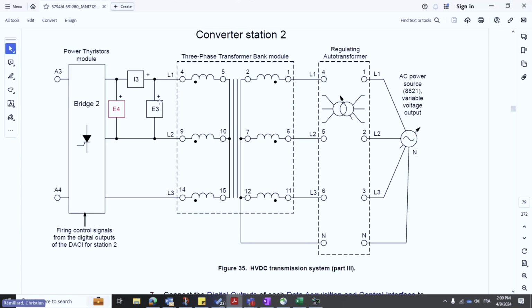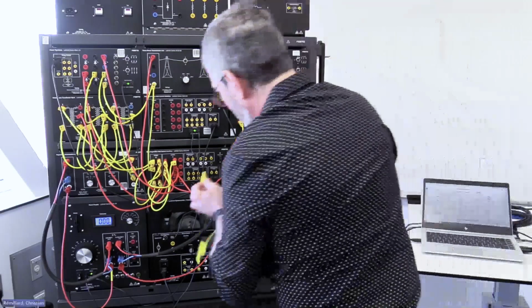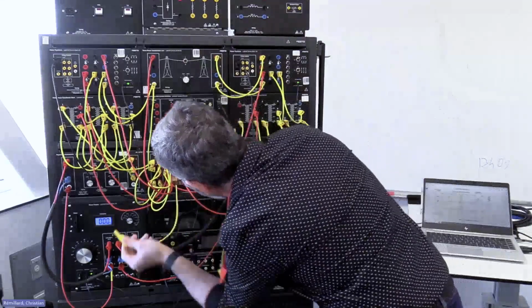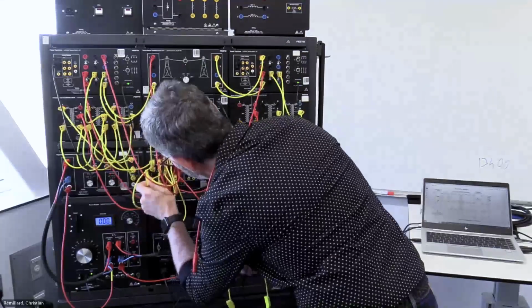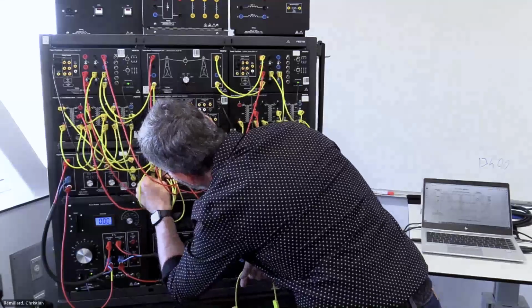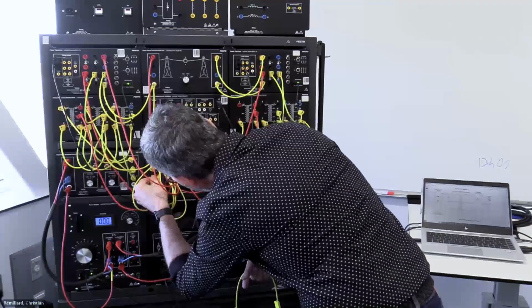Let's finish with these meters also here. So the positive of I3 goes to the positive of E3. That's quite busy.